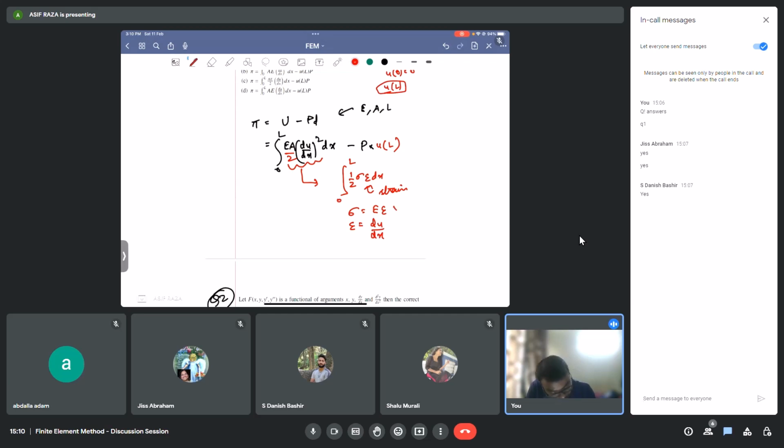If you substitute all this into the above equation, we get EA by 2 times (du by dx) whole squared, minus P times u of L.